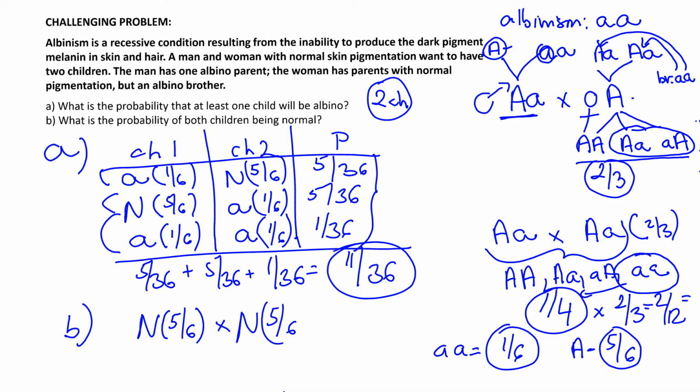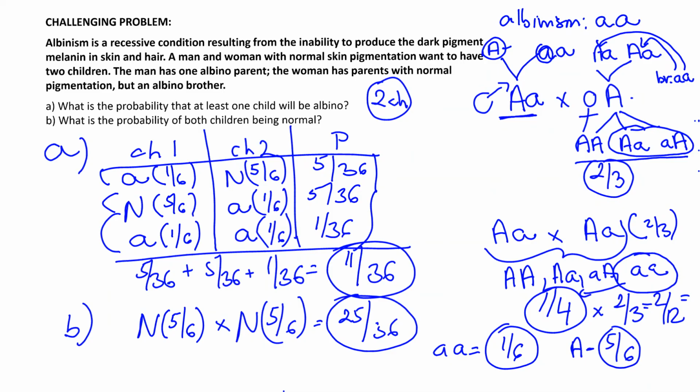So the probability here is 25/36. And this is the probability that the first and second child will be normal. And if you add it together, you see you have 36/36, because these are the only four ways these events can happen.